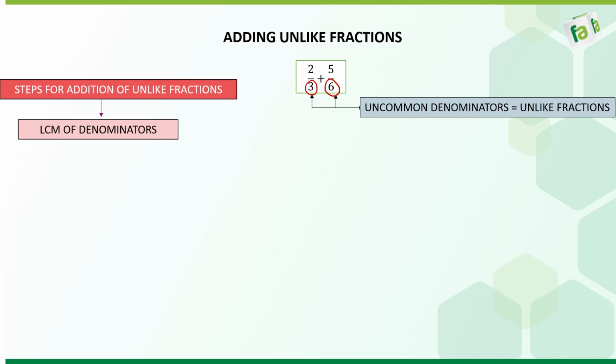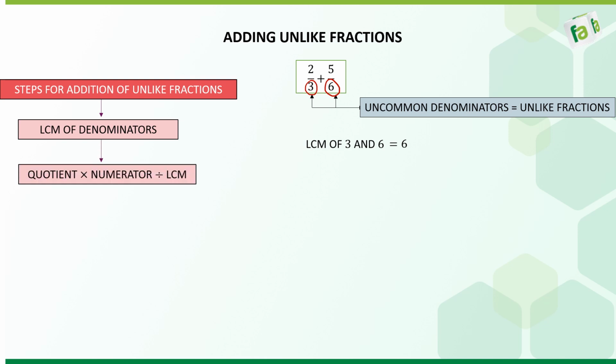Here, we calculated the LCM of 3 and 6 to be 6. Our next step will be to divide the LCM by each denominator and multiply the quotient by the numerator. So, we will write 6 in the denominator like this.